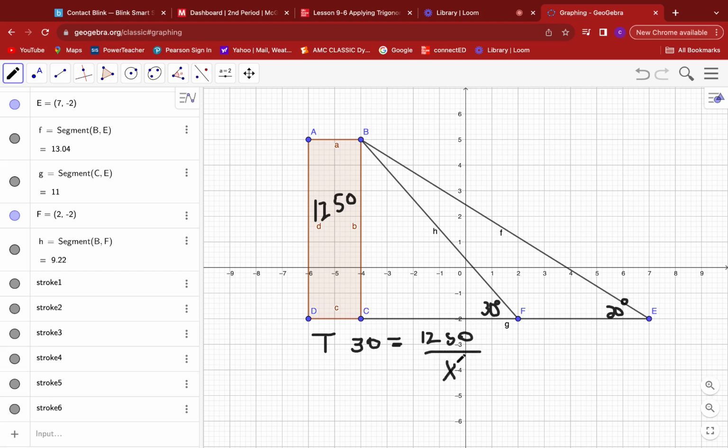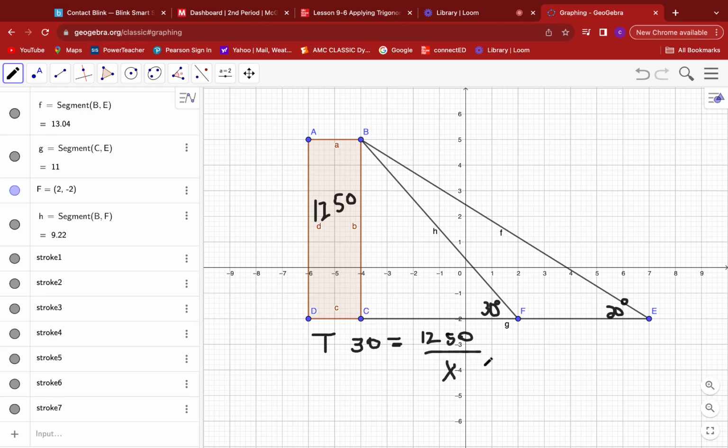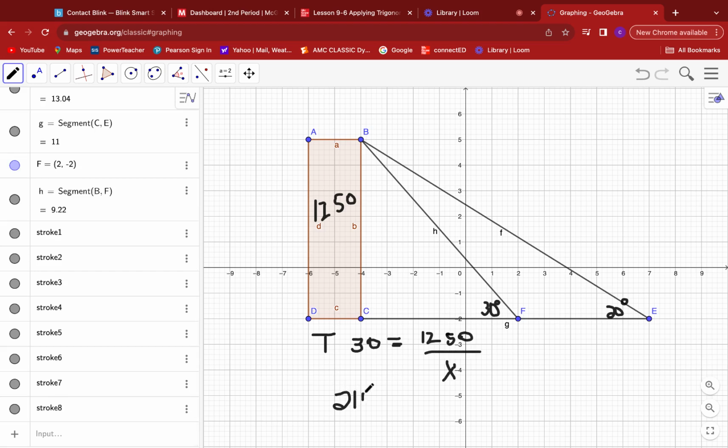Well, we can't take 1250 and divide by x, so we're going to switch their places: 1250 divided by the tangent of 30. So you should be looking at 2,165.06-ish. That's an approximation.